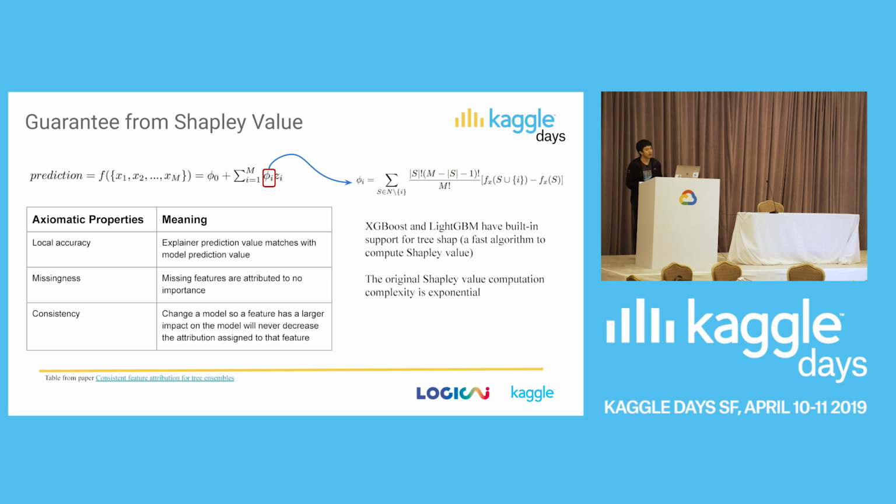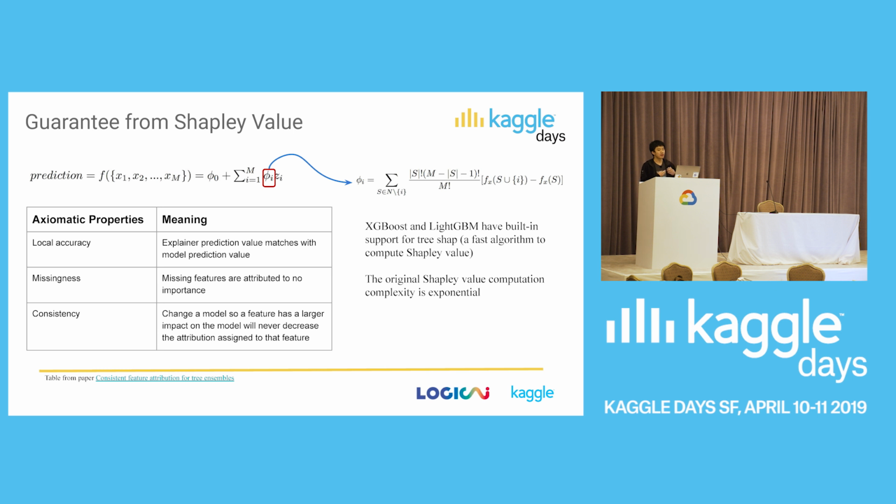It also satisfies a property called missingness. It means if the feature does not exist, it should be assigned no importance. It should give you a zero Shapley value. And the last one is consistency. It's a bit tricky to interpret. The basic idea is that if the true model changes and assigns higher weight to one of the features, this Shapley value should not decrease. So it's some sort of theoretical guarantee.